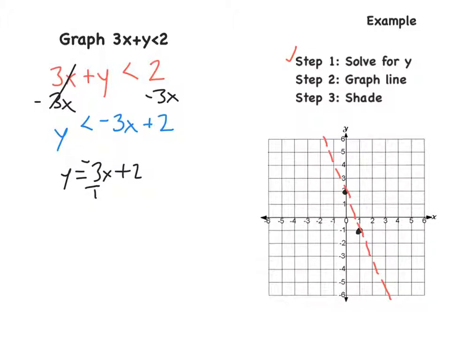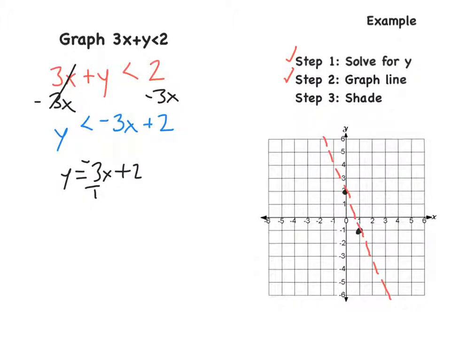So we draw the dashed line. Now that we graphed it, step 3 is we have to shade it. We are either going to shade everything to the right of the line or everything to the left of the line.